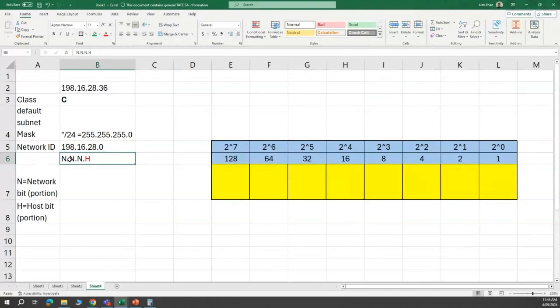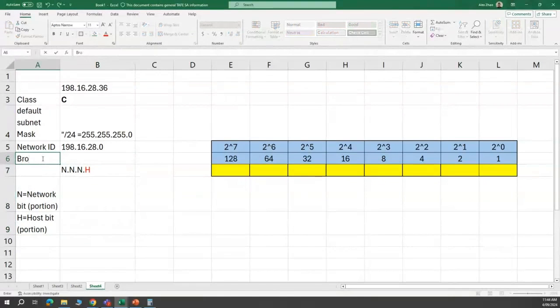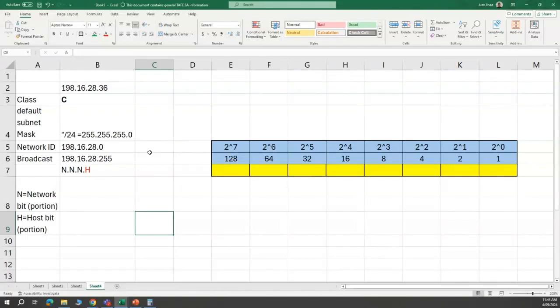And there's also what's called a broadcast, which again is something you should know. 192.168... I'm so used to saying 192 because that's my example. .255 is the default broadcast.